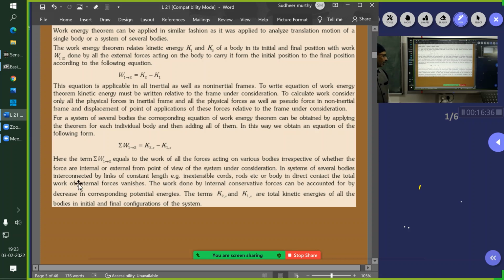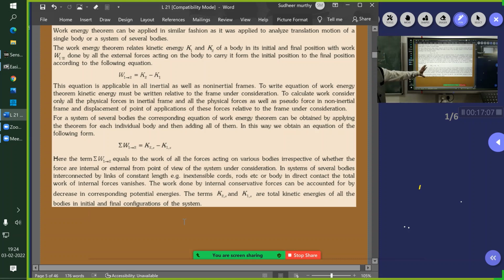In systems of several bodies interconnected by links of constant length, inextensible cords, rods, etc., or bodies in direct contact, the total work of the internal forces vanishes, if it is connected by rods and things like that. The work done by internal conservative forces can be accounted for by decreasing the corresponding potential energies. The terms K2, K1 are the total kinetic energies of all the bodies in the initial and final stages.